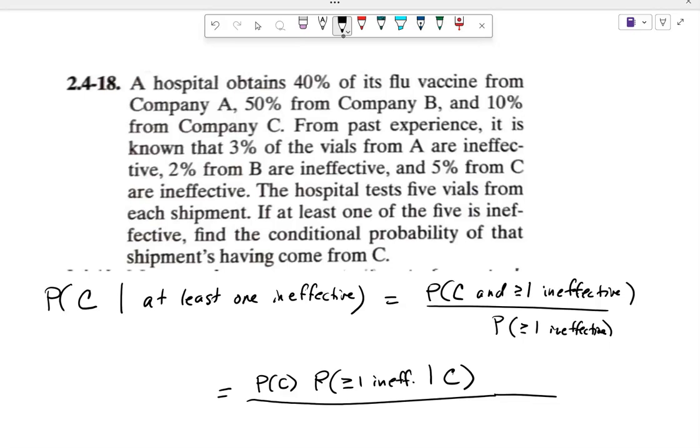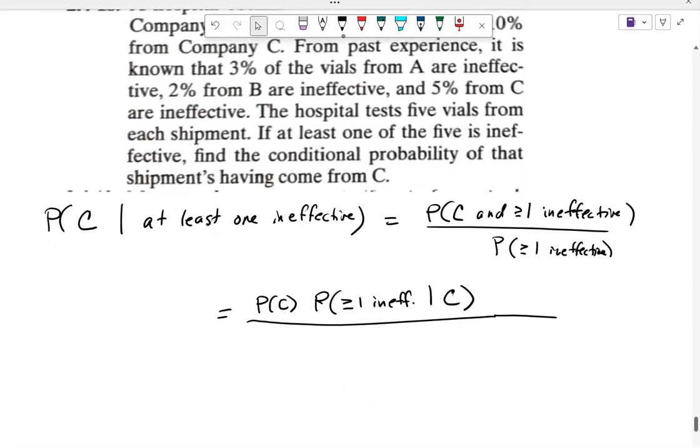To get to one ineffective, we've got three different choices of companies we could have gone through, right? It could have come from company A. It could have come from company B. It could have come from company C. So on bottom, we'll split that into it came from A and there was one ineffective. Oops, given. Forgot my given.